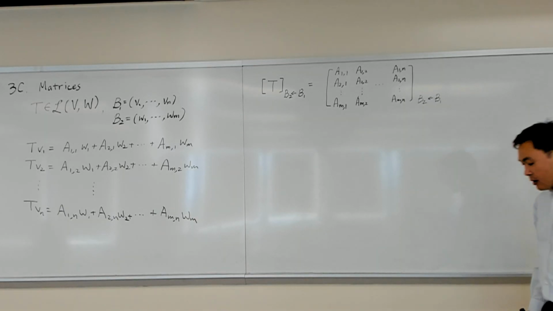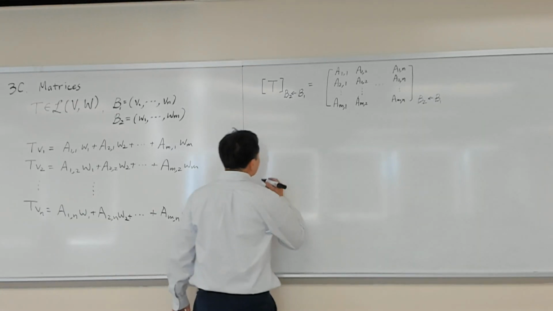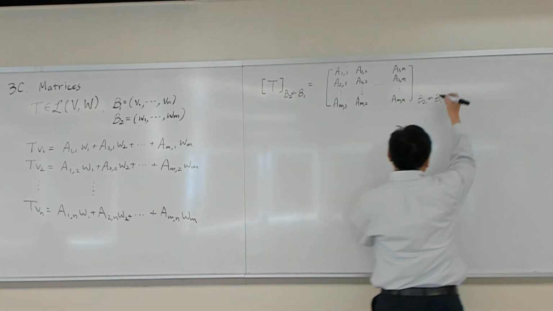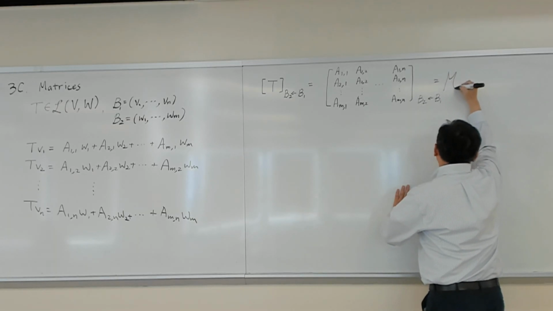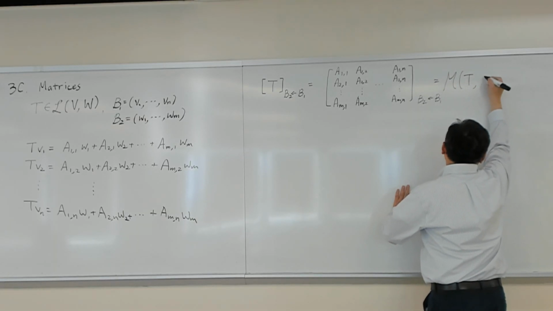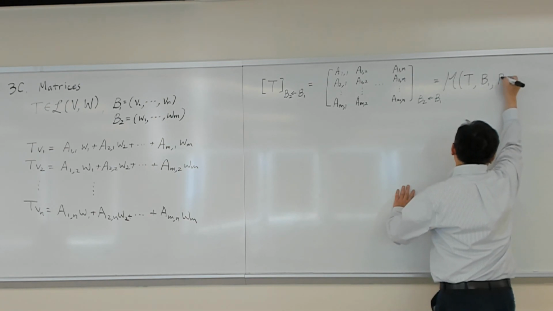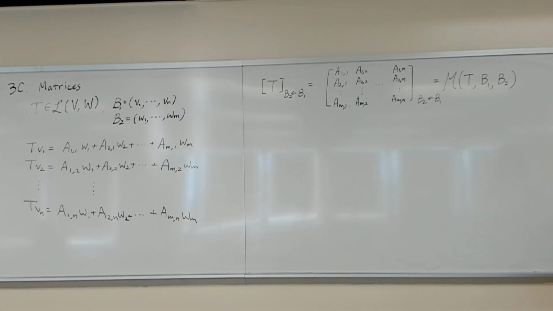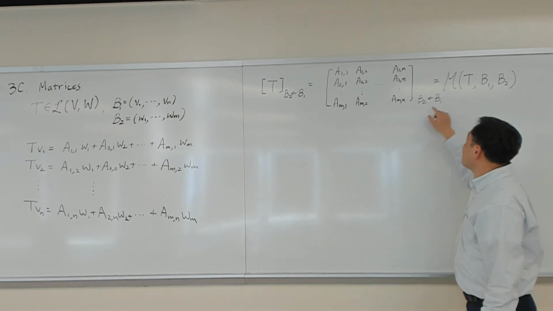Now in the book, they use a different notation, and the same thing is now called the matrix of T going from B1 to B2. The content of this 3C is basically just redoing everything that we did in the review part, because there's nothing different.